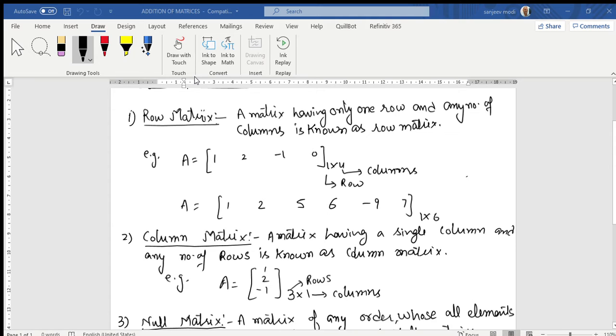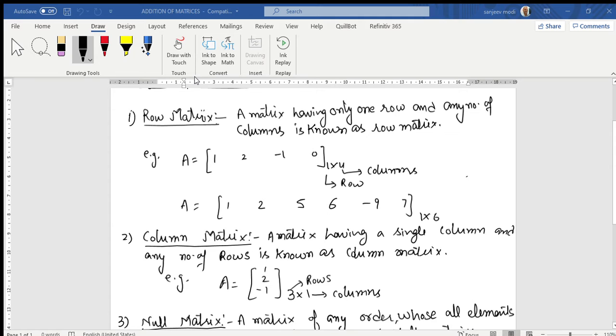Now we come to the next part. I hope this is very clear to you: what is trace of a matrix, what is a square matrix, what is the main or principal diagonal in the square matrix, and what is off diagonal in the square matrix.